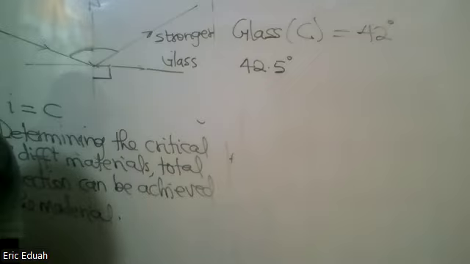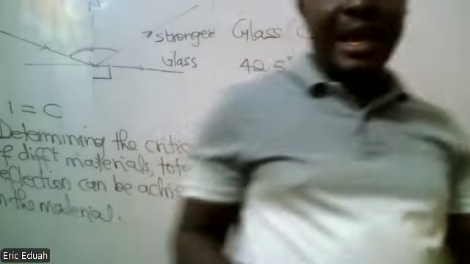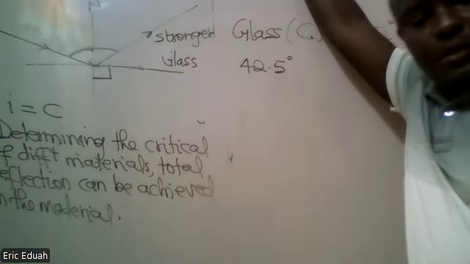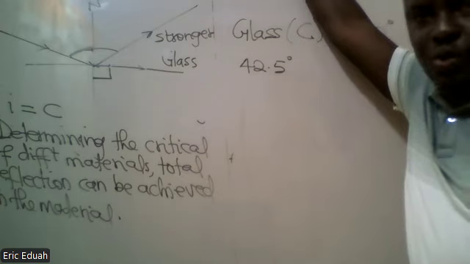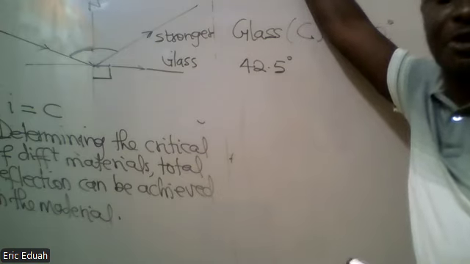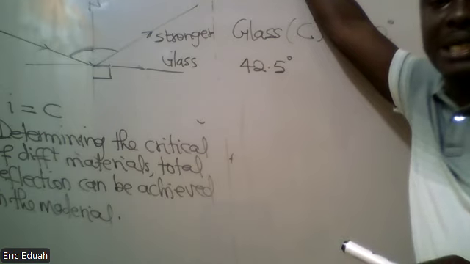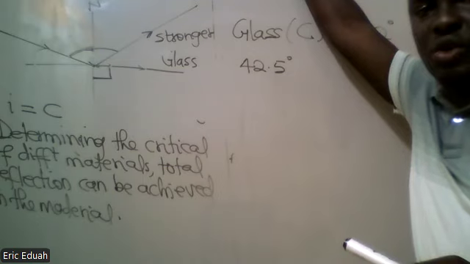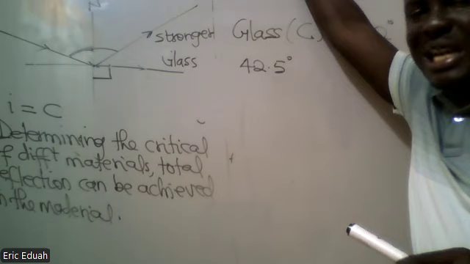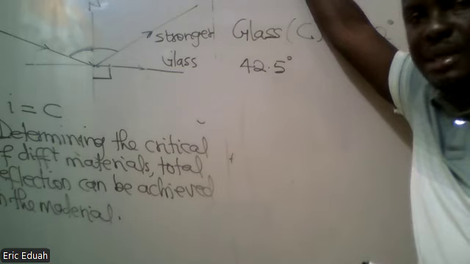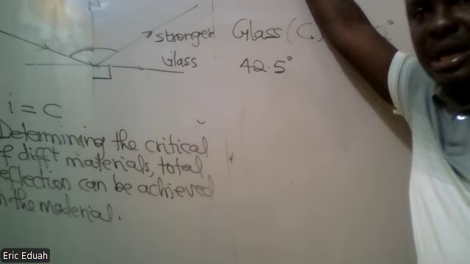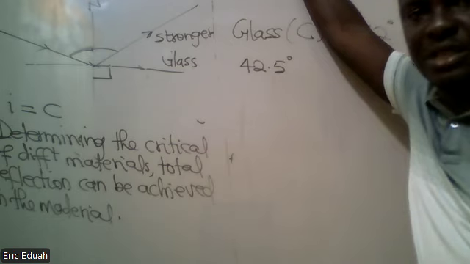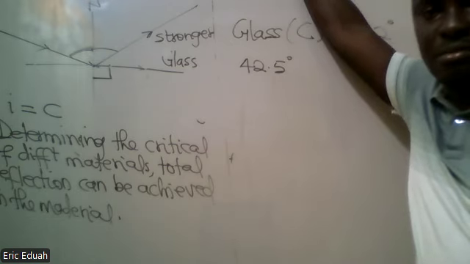So, define or explain total internal reflection. Total internal reflection is the phenomenon whereby, when light travels from a dense medium into a less dense medium and the angle of incidence in the dense medium is greater than the critical angle of the material, the incident light is totally reflected within the dense medium.